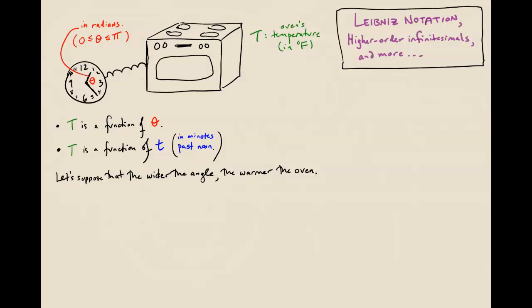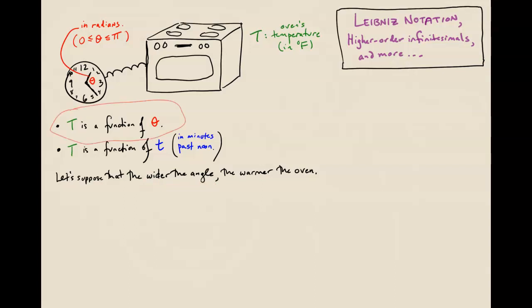Now you might say, I don't see anything about derivatives here, but this is actually a statement about a derivative because it is a statement about continuous change. Derivatives are all about change, rate of change, how the dependent variable changes in response to little changes in the independent variable. Here we're told that the temperature, the dependent variable, is increasing. It gets warmer in response to changes in the independent variable, the angle.